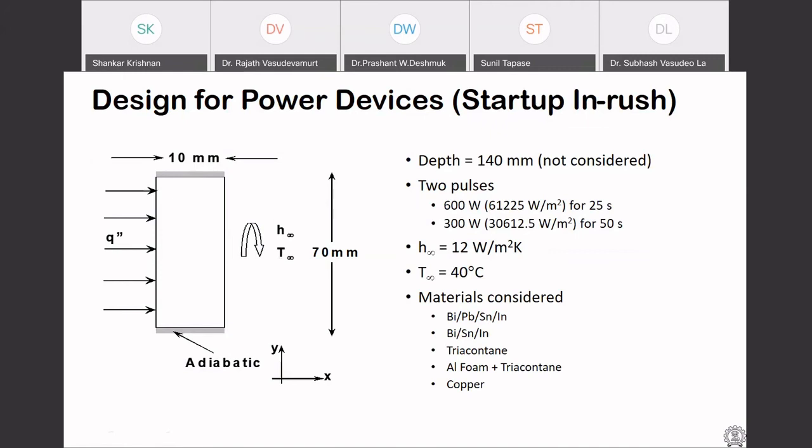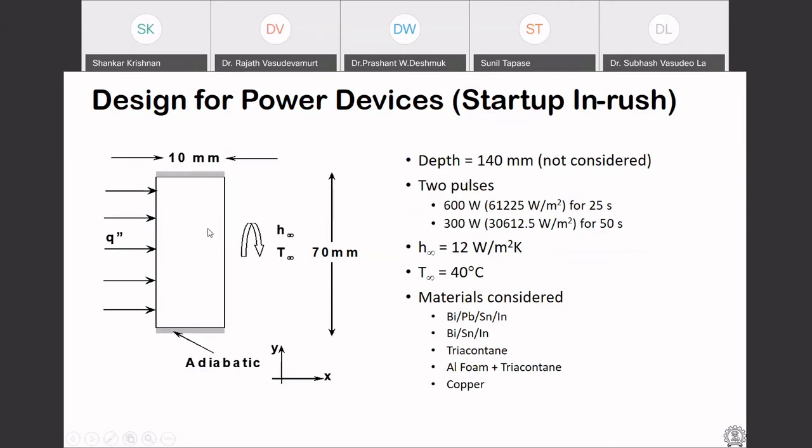So the power dissipated can be high for a short duration like 25 seconds or 50 seconds. And after that, it becomes a low power that can be handled by this heatsink itself. So they were using a 10 millimeter thick copper to absorb those high power pulses.